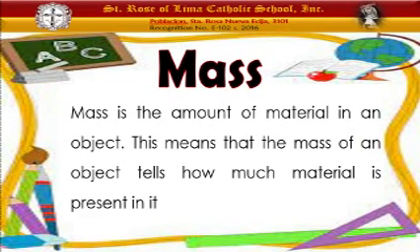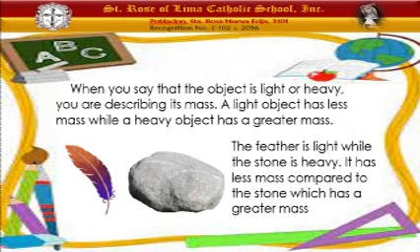This means that the mass of an object tells how much material is present in it. When you say that the object is light or heavy, you are describing its mass. A light object has less mass, while a heavy object has a greater mass.